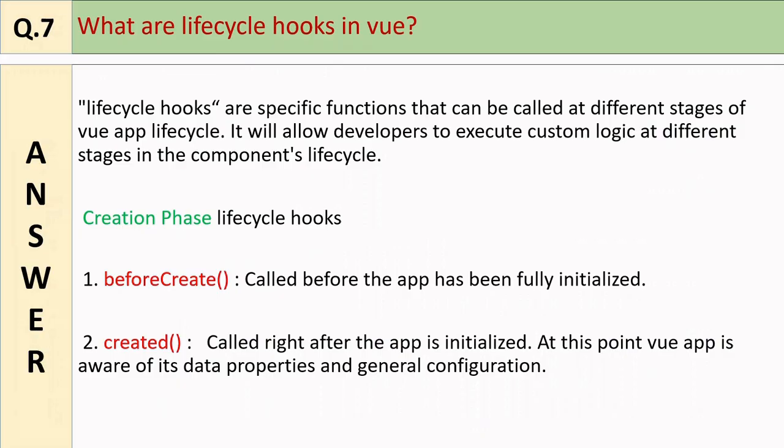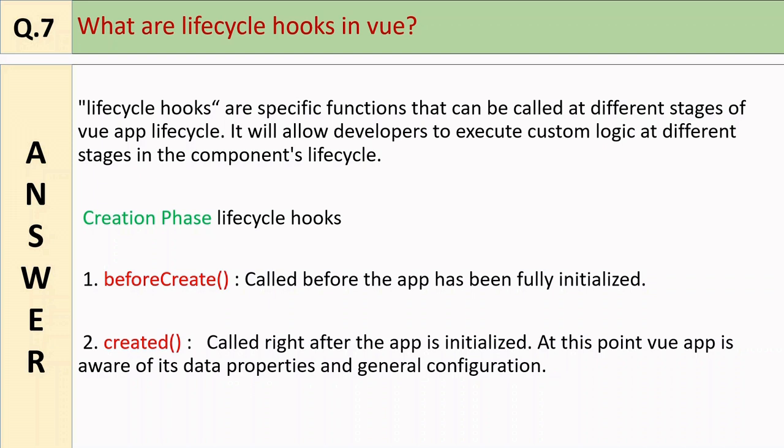What are lifecycle hooks in Vue? Lifecycle hooks are specific functions that can be called at different stages of the Vue app lifecycle. This will allow developers to execute custom logic at different stages in the component's lifecycle.